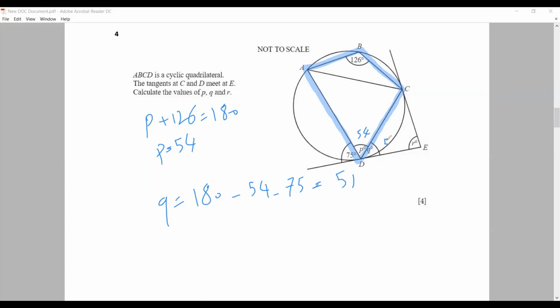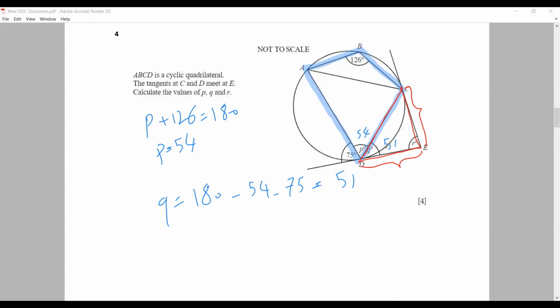So Q is 51. And then if you look at this triangle, from a point outside a circle, when you draw the two tangents, that forms a triangle like this, which is an isosceles triangle because the lengths of those two tangents are equal.